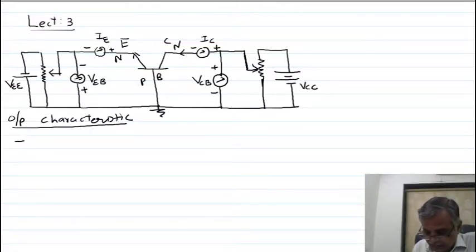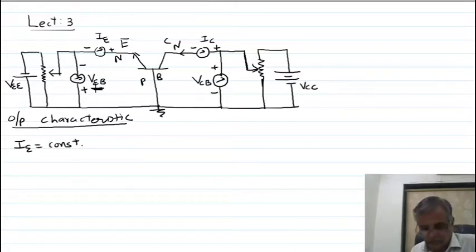Keep the emitter current constant by adjusting the proper value of emitter base voltage with the help of the potentiometric circuit. Just to explain, let us say I have adjusted it to 2 milliamp.